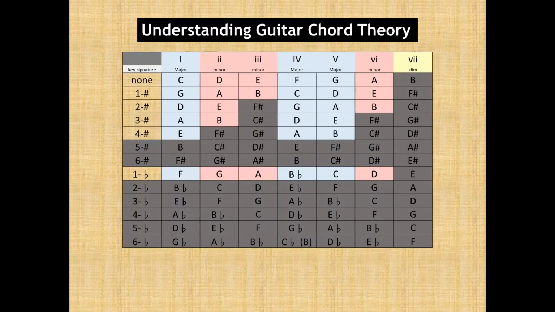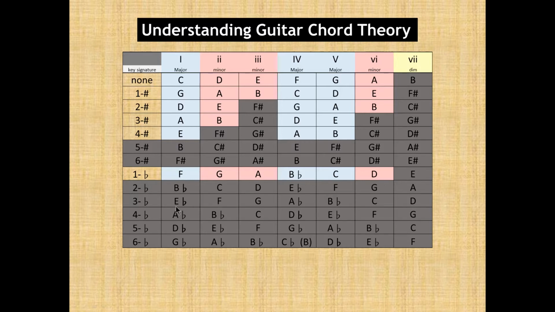Now, this chart is simply the same chart again, but what I've done in this case is I've really tried to answer the question of what chords you should really learn first to be able to play thousands and thousands of songs. And in fact, what you're going to find for guitar, there are certain keys that are just not very easy to play.